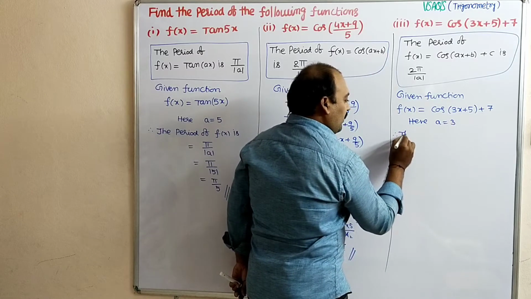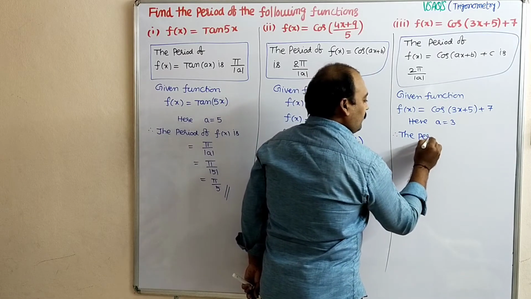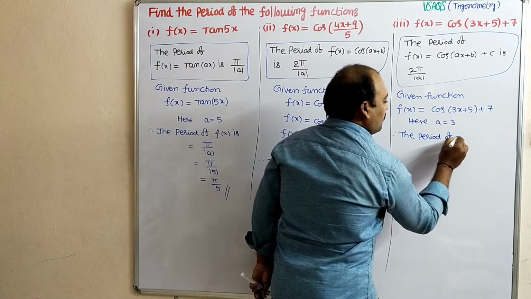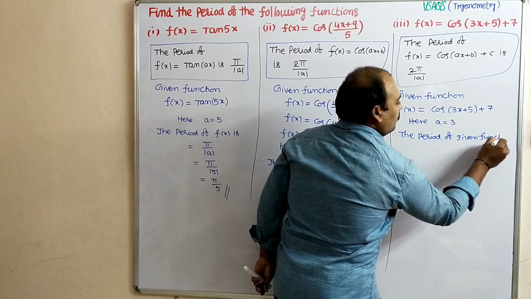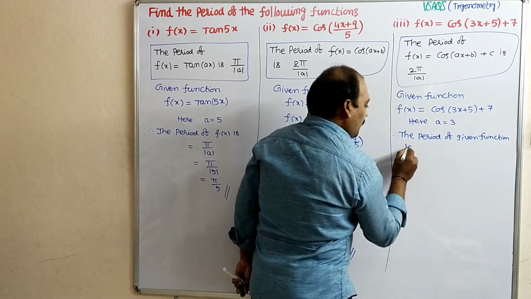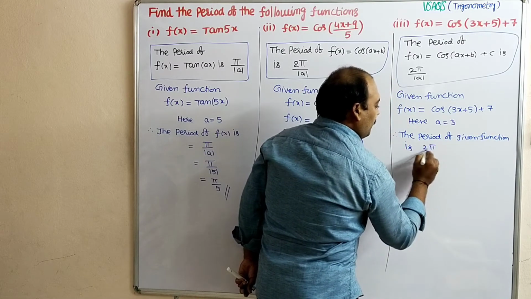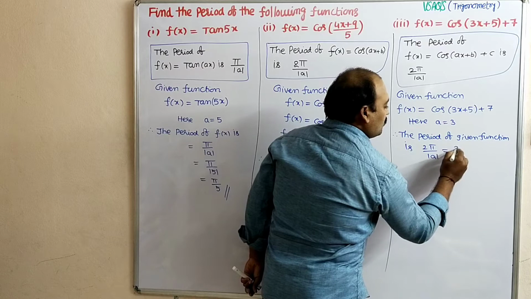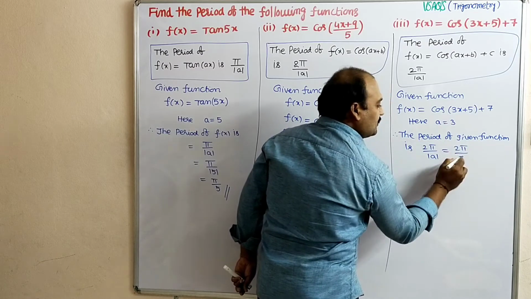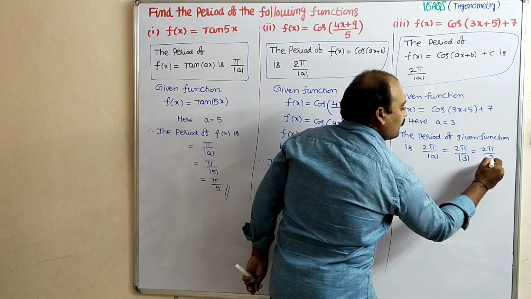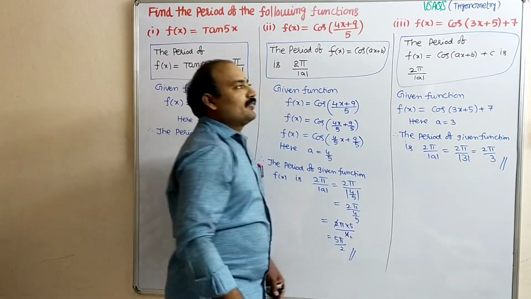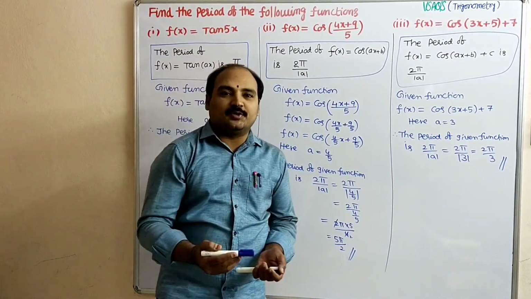Therefore, the period of the given function is 2 pi by mod a. 2 pi by mod 3, which is equal to 2 pi by 3. We'll move to the next question.